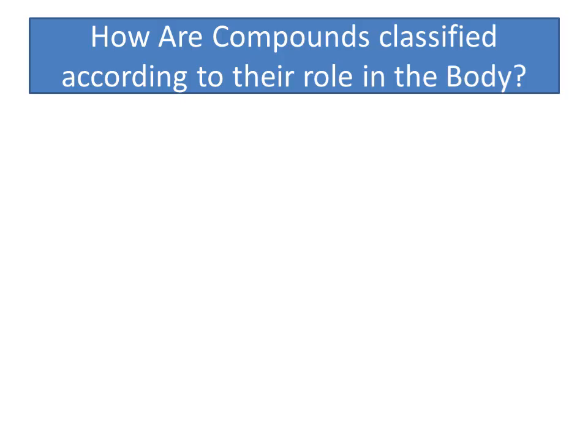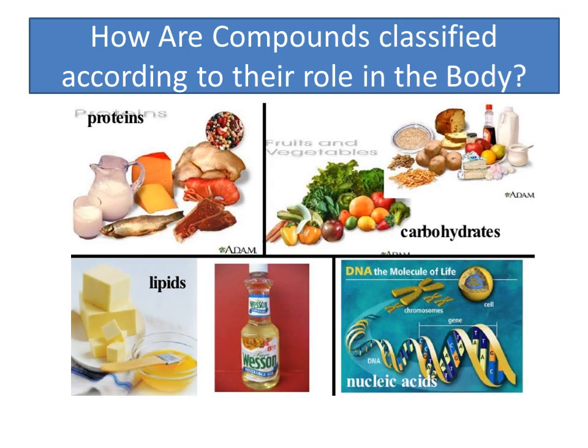How are compounds classified according to their role in the body? They are classified by this picture, it's very clear. Proteins are found, even cheese, I forgot to write cheese before. Cheese is very important. That's why we always have it at breakfast, you include cheese or labneh. They contain proteins.